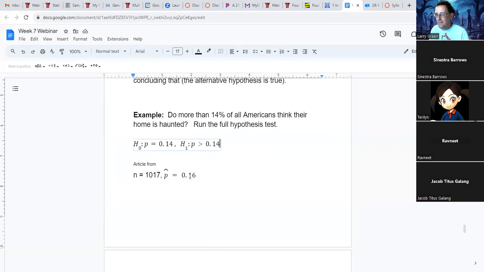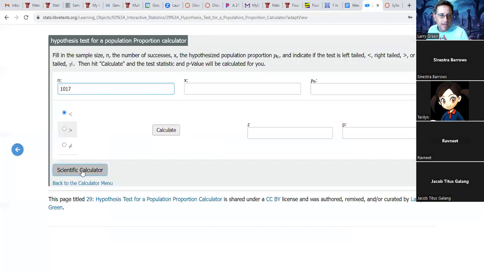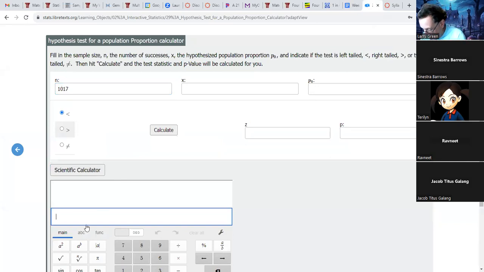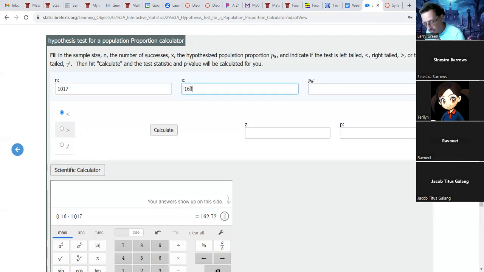Because 16% of the sample said yes, their home is haunted, or at least they think their home is haunted, out of the 1,017. So if I go to the scientific calculator, I can take 0.16 times 1017. And you should always round because you can't have 0.72 people saying yes. So I'm going to say 163. Any questions on that for X?